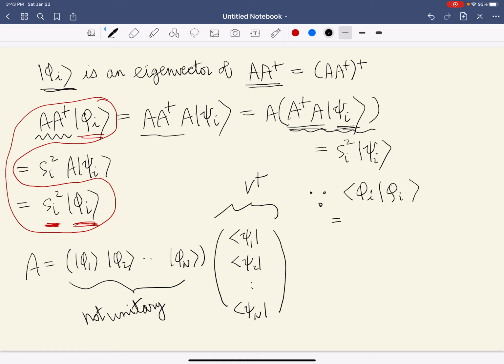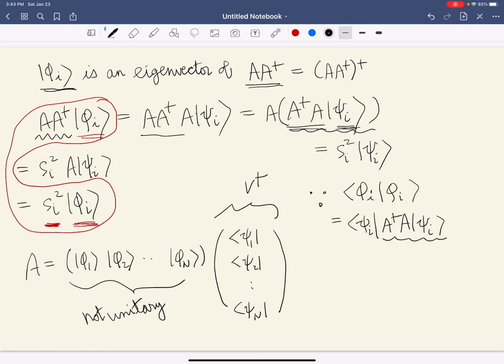Okay, so from the definition of phi I, phi I was just A acting on psi I. And here we have its conjugate. All right.